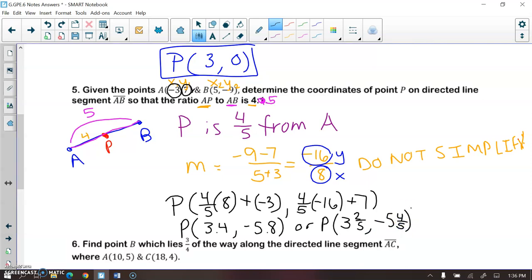If you want to write it as an improper fraction, that is okay as well. But this is your answer.